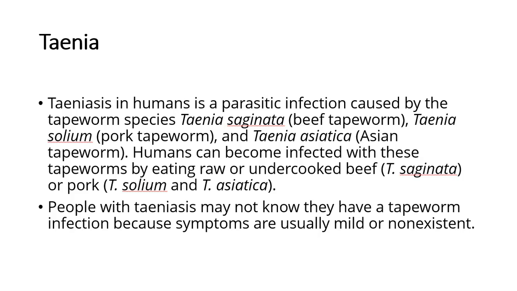All right, so one of the more important ones is Taenia. This is your tapeworm. It's a flatworm because it looks like a piece of measuring tape. And you can get it from undercooked beef, Taenia saginata, undercooked pork, Taenia solium, and there's an Asian variety also, and that is also pork.